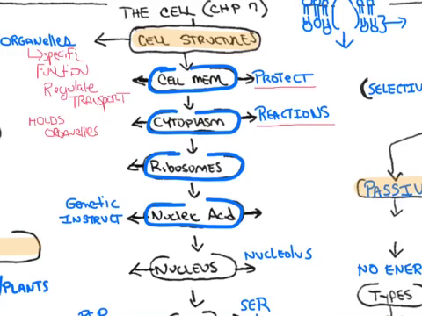Ribosomes are found in both prokaryotic and eukaryotic cells, and their job is to make proteins. Nucleic acid is responsible for the genetic instruction to make those proteins, and most cells have their DNA via the nucleic acid. So these four structures are common to all cells.